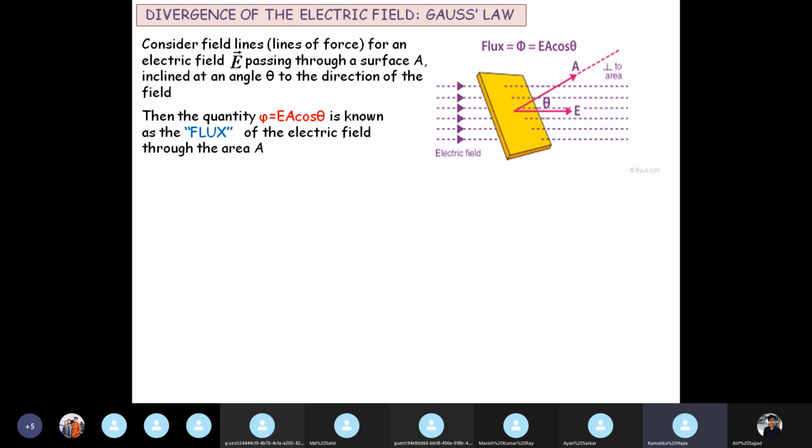If this is the direction of the vector A, then A cos theta is nothing but the component of A in the direction of E. So that product, the magnitude of E into the magnitude of the area A multiplied by cos theta, or rather the product of the magnitude of the field and the component of the area in the direction of the field, that quantity represented by the letter phi is called the flux of the electric field through the area A.